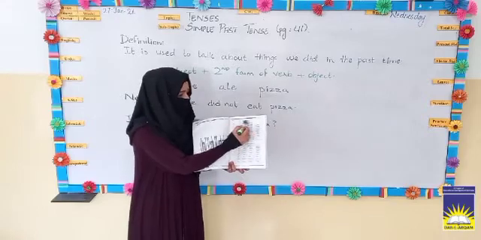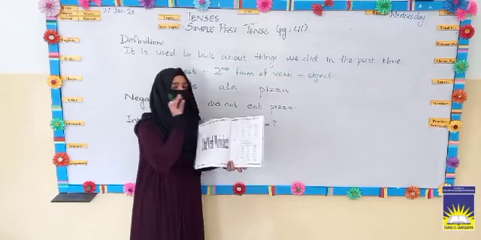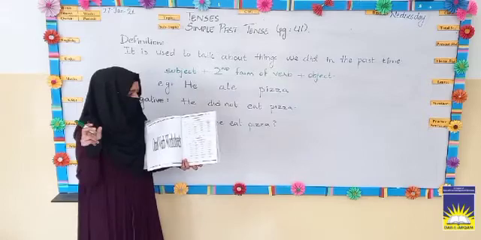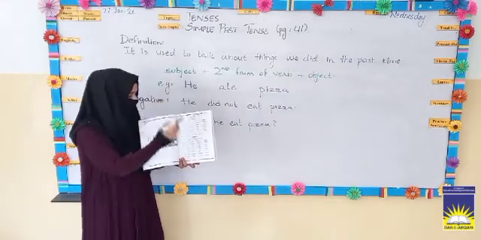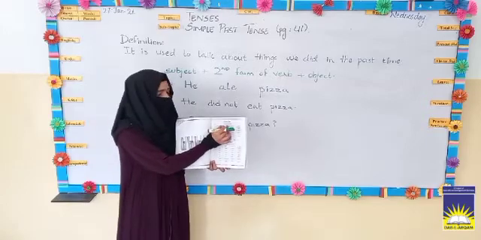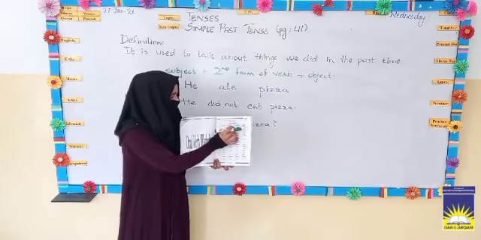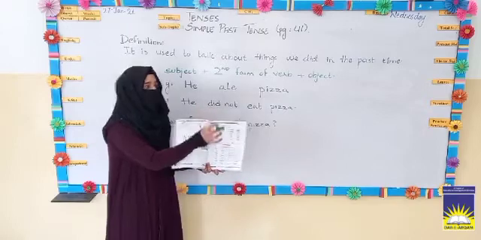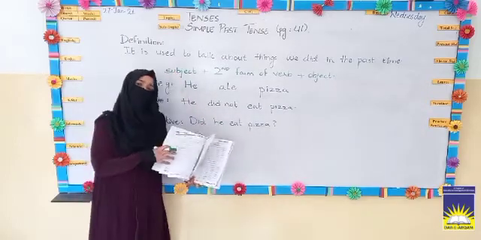So from this table, which form of verb will you use for making simple past tense? The second form of verb, which is given in the column of past. So this form of verb you will use for making simple past tense sentences.